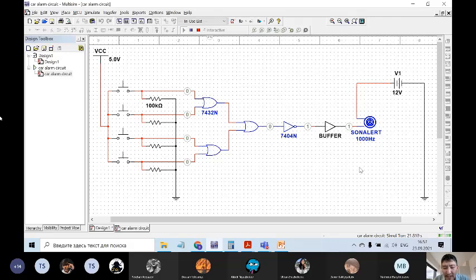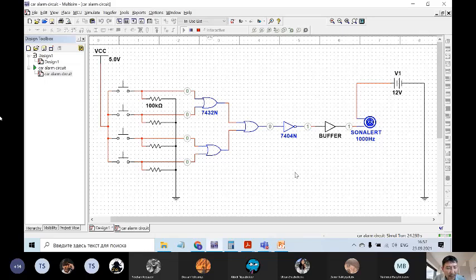But this inverter does not give us enough current. For this reason, we use a buffer. A buffer is just an additional device that supports current. It's just power. Okay. Thanks.